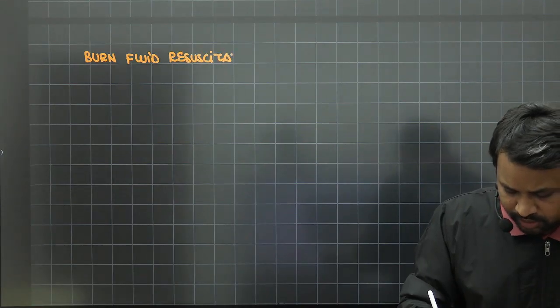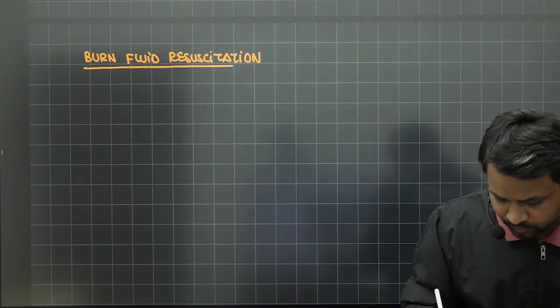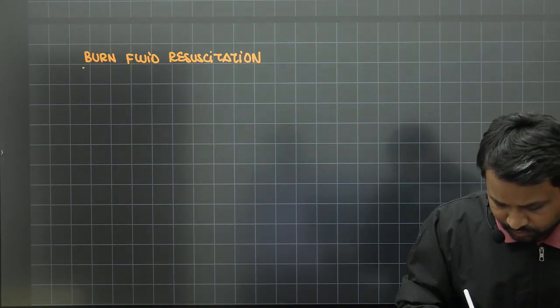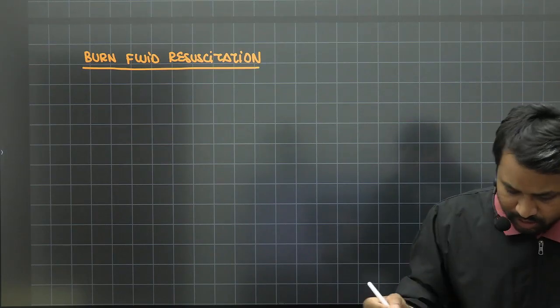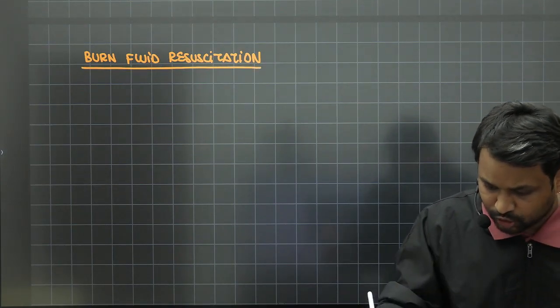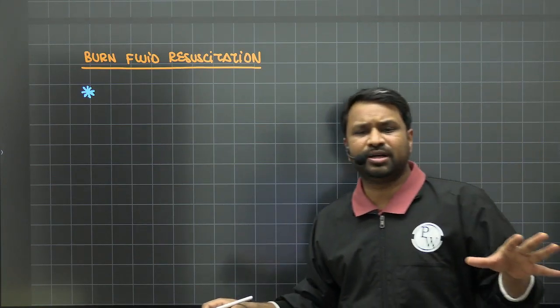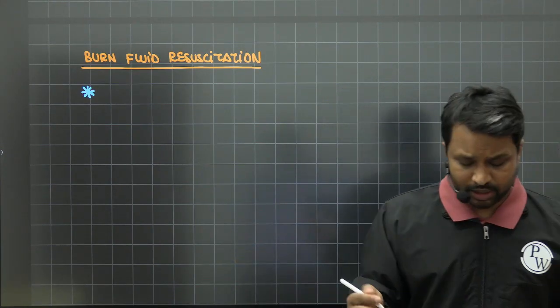Now, in burn fluid resuscitation, what is the fluid of choice? This has been asked in multiple competitive exams, and this is something you should know in your ward also.